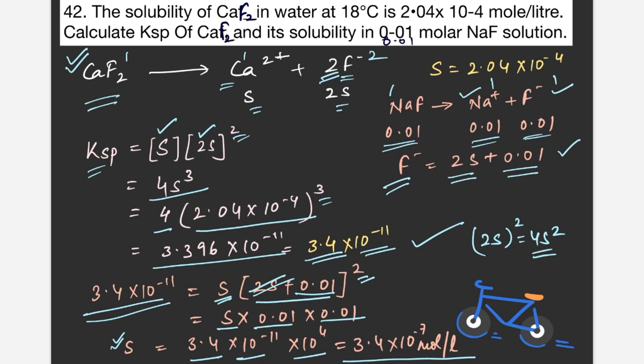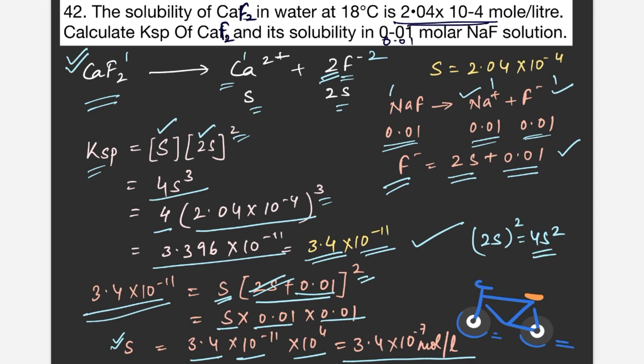So this is the solubility of calcium fluoride in 0.01 molar solution of sodium fluoride. So as can be seen, initially the solubility of calcium fluoride in water was 2.04 into 10 to the power minus 4.